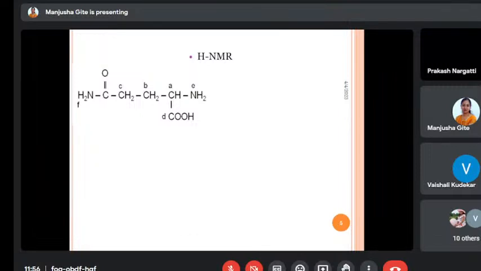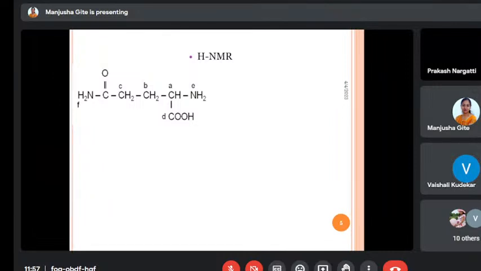If U is equal to 1, the given compound contains one double bond or one ring. If U is equal to 2, it contains two rings, or two double bonds, or one ring and one double bond. A simple example is benzene. What is the molecular formula of benzene? C6H6.